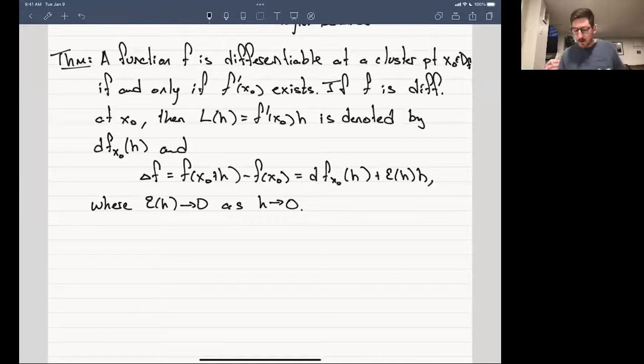And of course, that h going to 0 in such a way so that x0 plus h is actually in the domain. We always have that sort of coded language in the background. It's just a pain to write every time, and you should already sort of have this intuition built. But what did I do here? Again, all I'm doing is proving a very, very basic version of Taylor's theorem. I'm relating the idea of the derivative from that limit, from the definition at the beginning of this lecture, to differentiable, which therefore gives me this sort of basic version of Taylor's theorem.